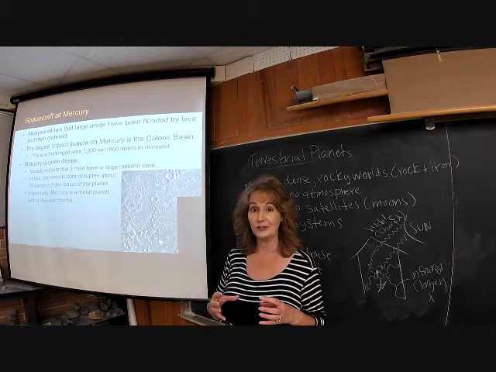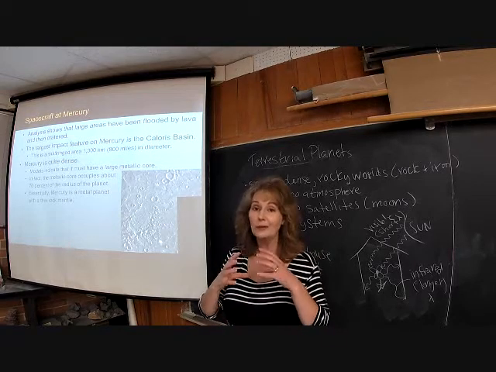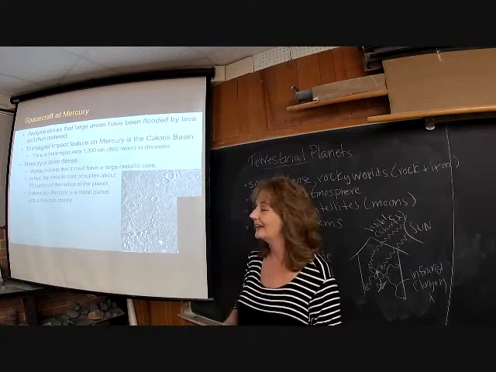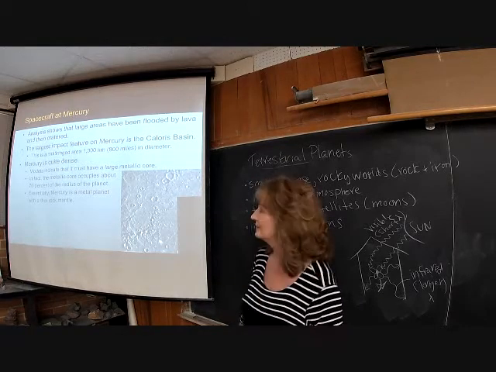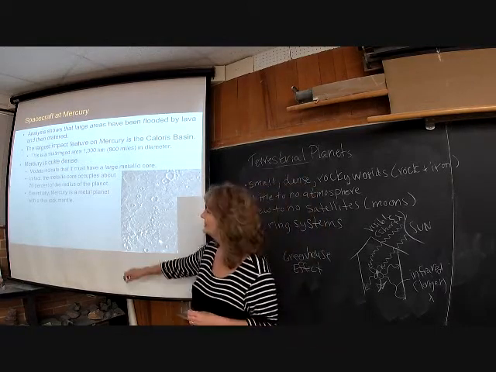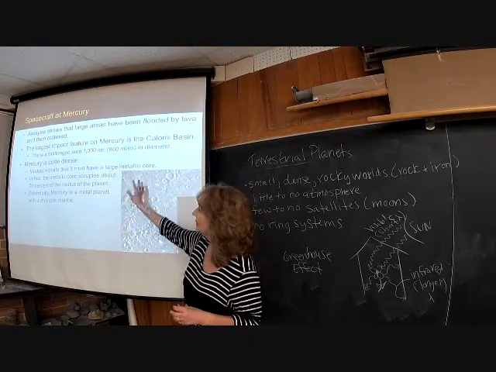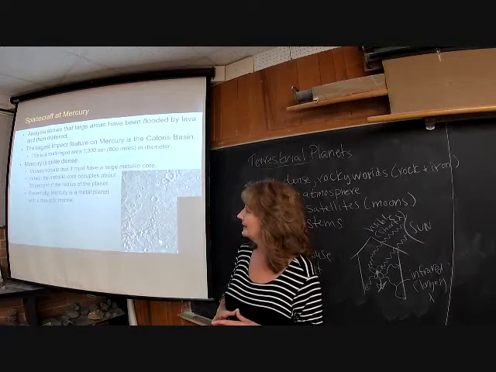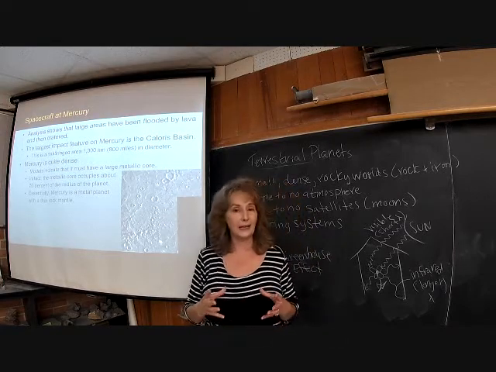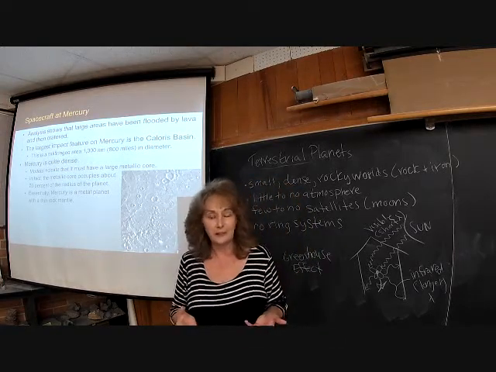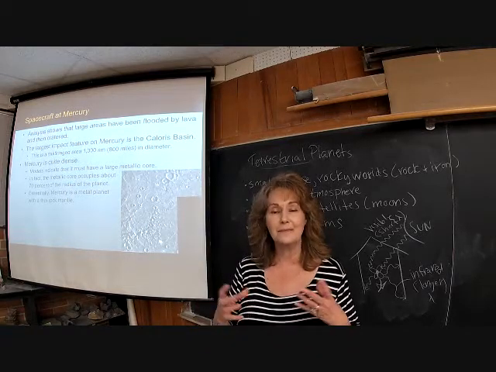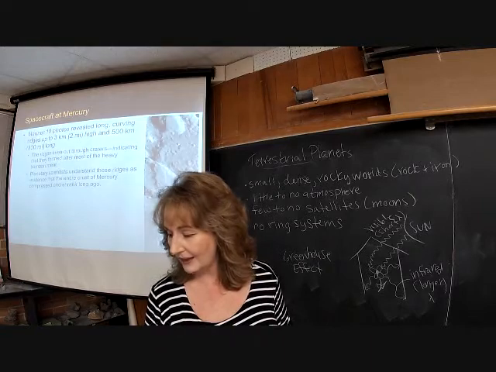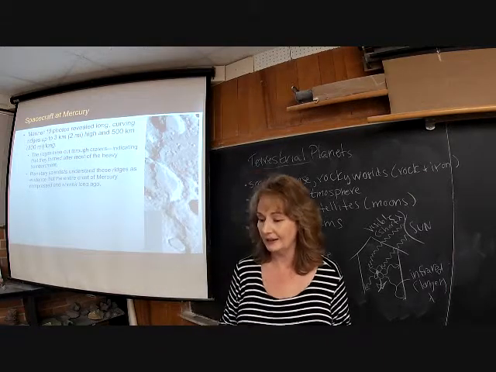It has mostly a metal core and then a little bit of less dense rocky material around it, a crust. So the metallic core occupies about 70% of the radius of the planet. It's essentially a metal planet with a thin kind of rocky mantle, so mostly a metallic planet.